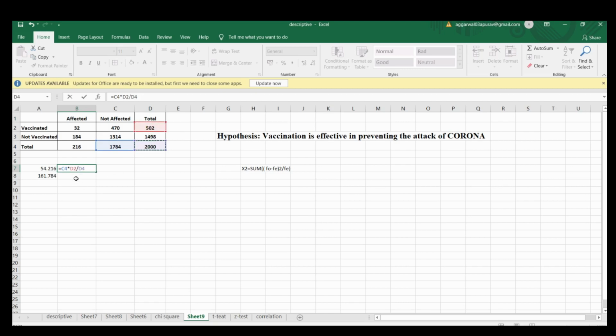Press enter. Again total of row into total of column, divided by grand total. Press enter. This is now our expected frequency.